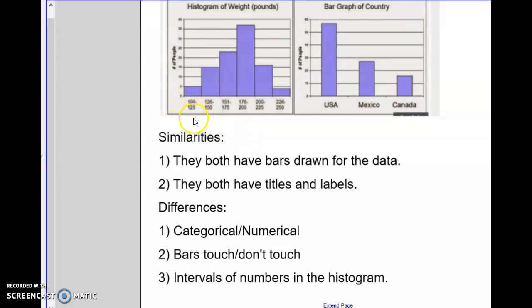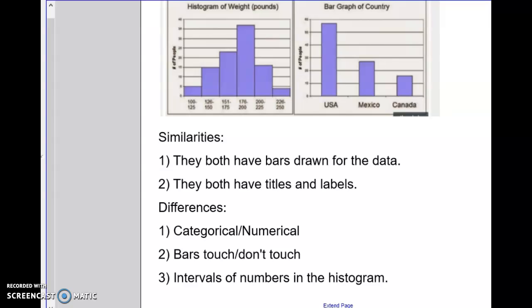If I ask you how many people weighed between 100 and 125, you would be able to tell me. If I said how many people weighed 126 to 150, I can't read those numbers, but it would be this number of people. So a histogram has intervals of numbers. A regular bar graph would have categories or words.